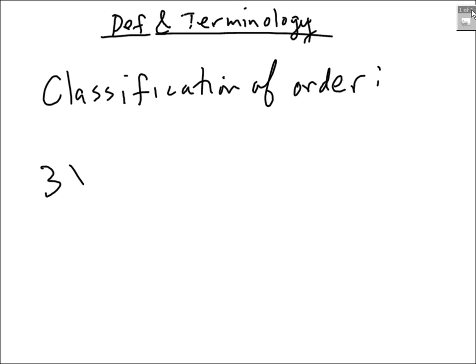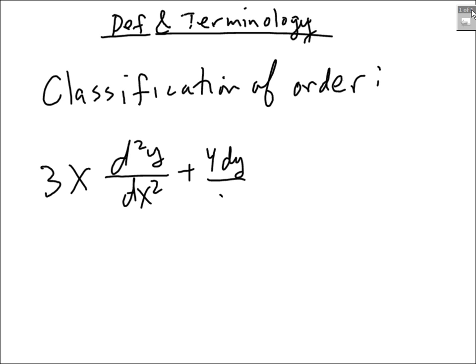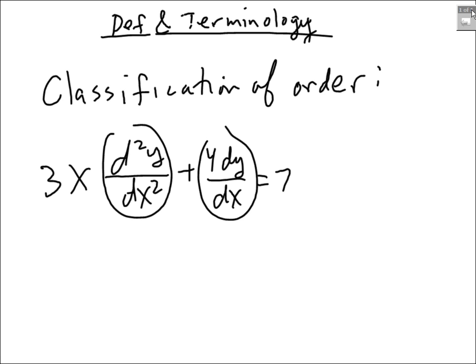If you have 3x d squared y over dx squared plus 4 dy dx equals 7, I look at my derivatives. This one is of second order. Why? Because it's the second derivative. This one is the first order.